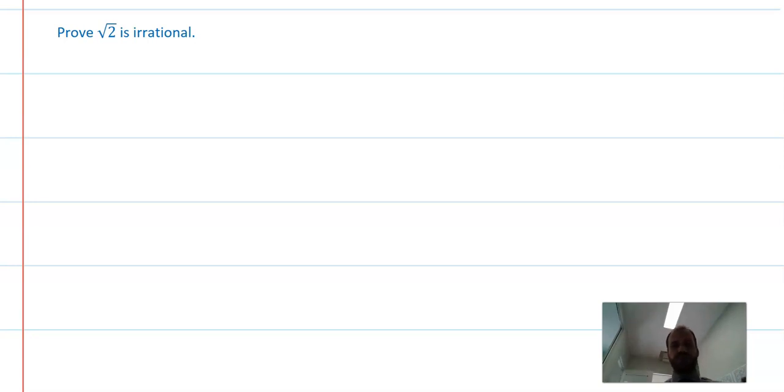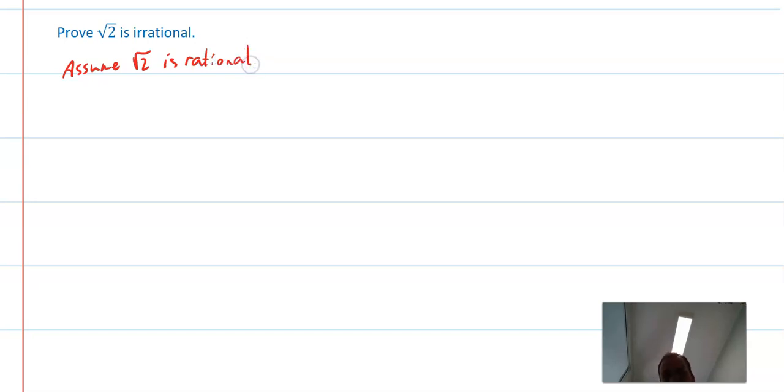Prove root 2 is irrational. All right, so what's our first step for proof by contradiction? Assume root 2 is rational. Now remember, rational means it can be expressed as a fraction.